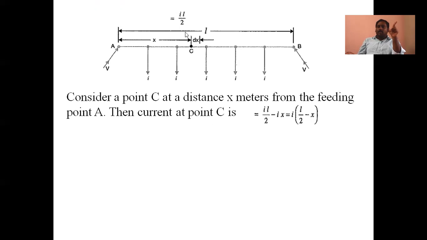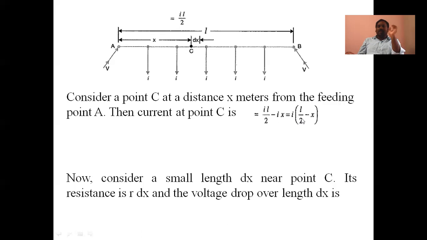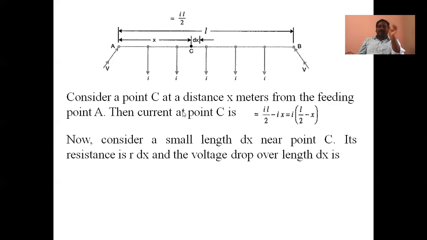For one feeding point we consider iL by 2, but since C is located at distance x, it is iL by 2 minus ix, so i into (L by 2 minus x). This is the current at point C.